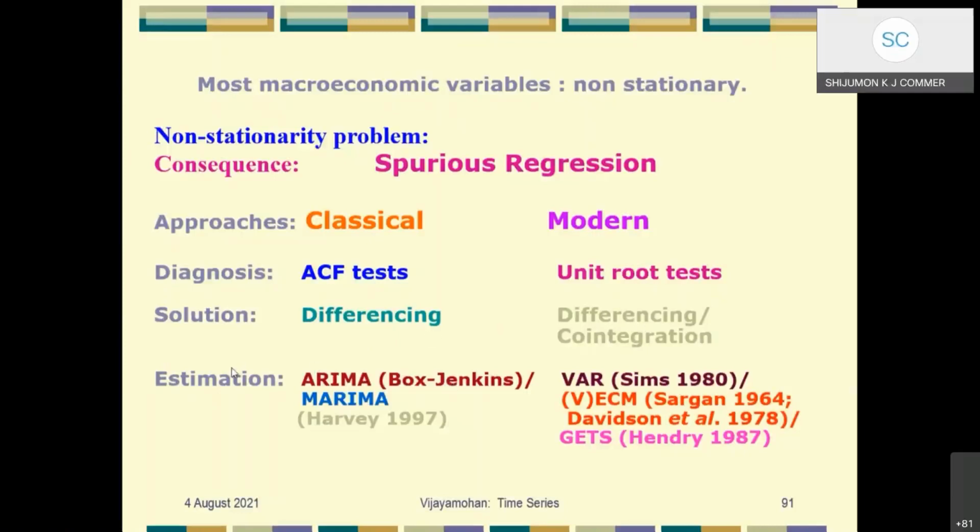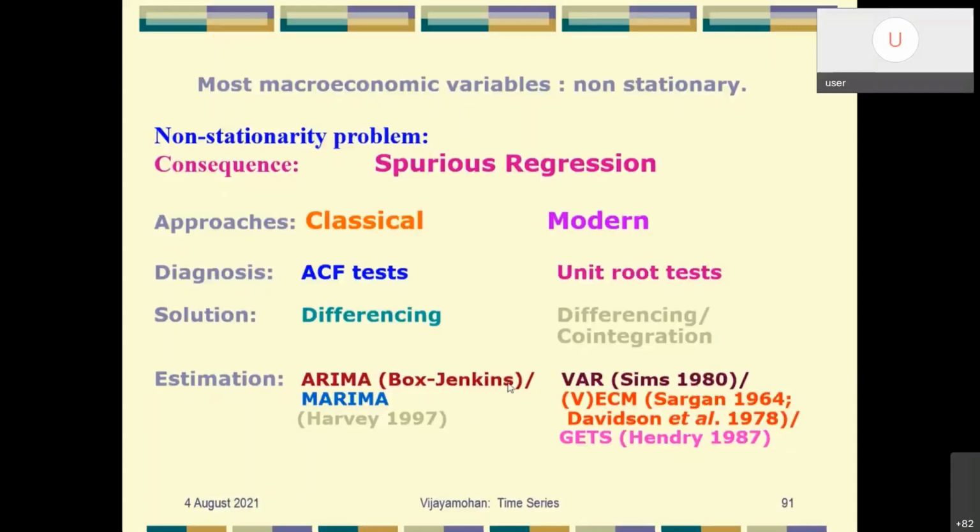Then the estimation procedures are, for the classical, we have the ARIMA modeling or the Box-Jenkins methodology, and also we have multivariate ARIMA modeling suggested by Harvey. That is ARIMA. Then on the other side, modern, we have a large number of cases. We have the VAR model suggested by Sims, the US one.